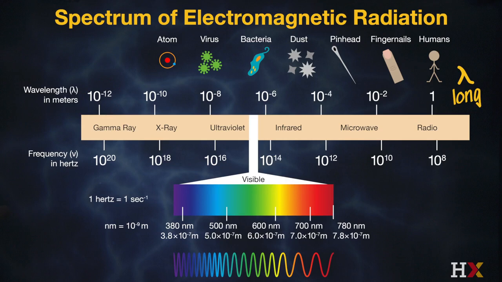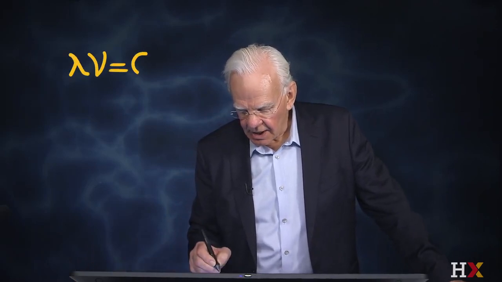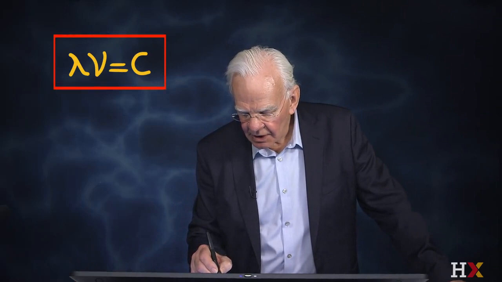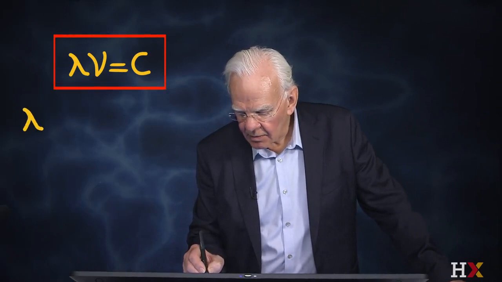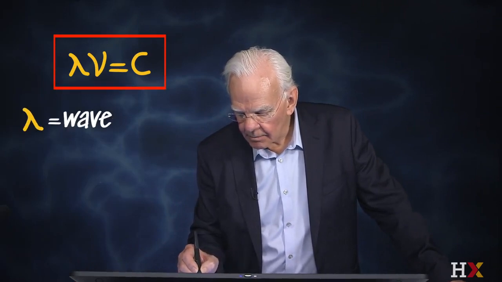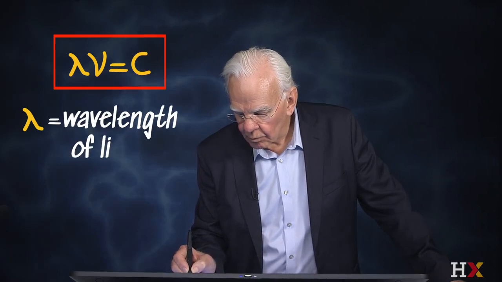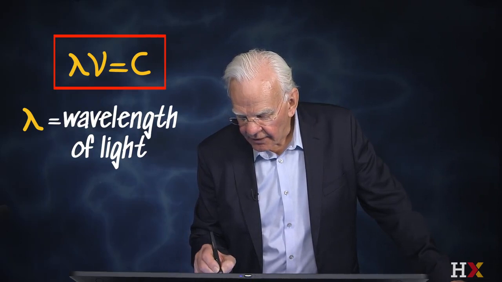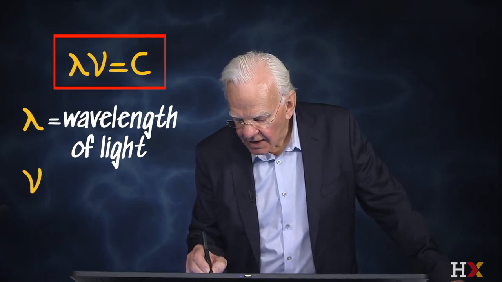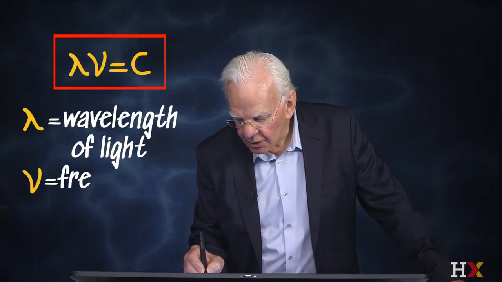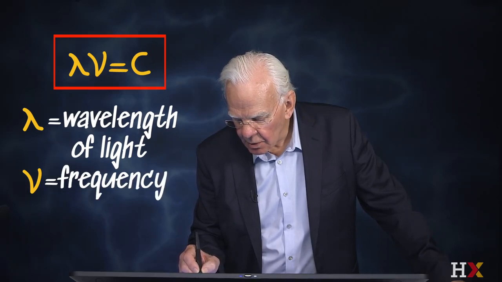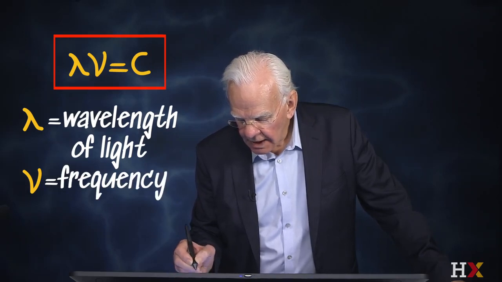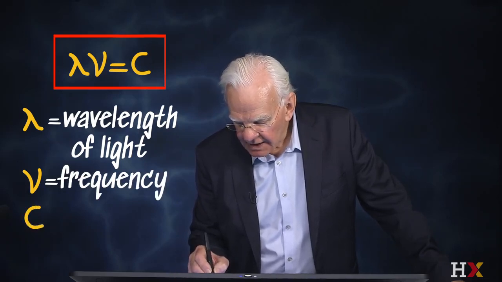But there's one very important relationship, and that is this relationship. And that relationship links the wavelength of light, the frequency of oscillation of those electromagnetic waves, and the speed of light c.